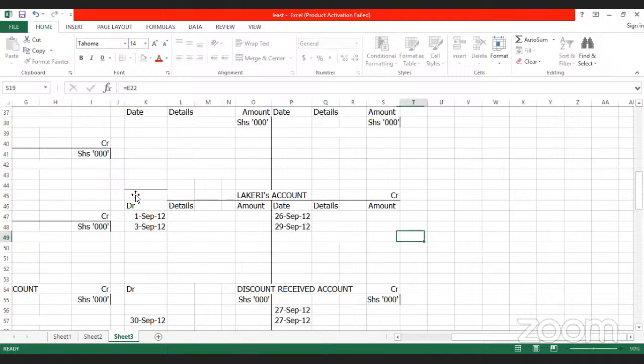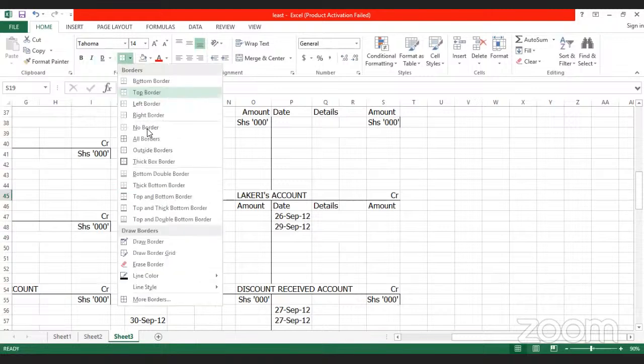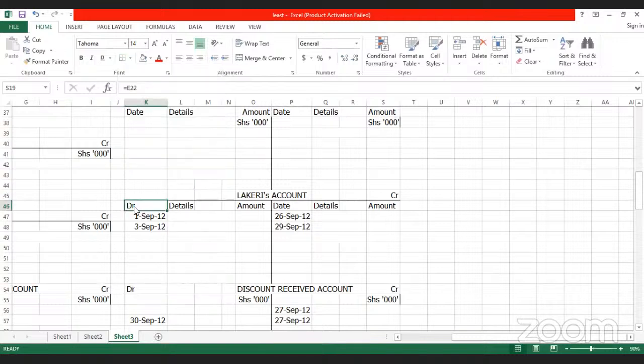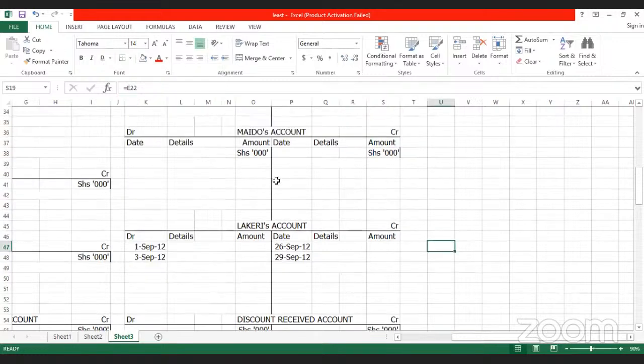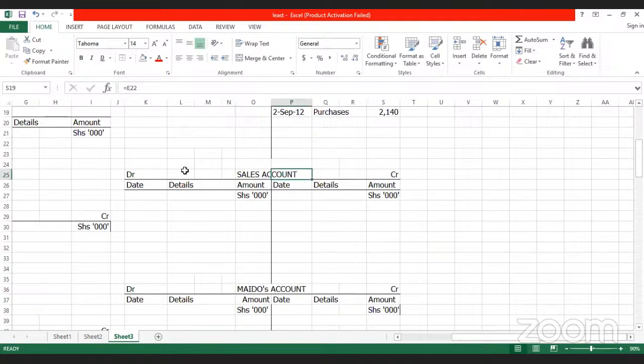So these are the accounts which we have: Maido, sales account, and then Lakiri. Now, before you enter in the sales, don't forget that these are customers, and Kabatei has been trading with these customers even in the past years.